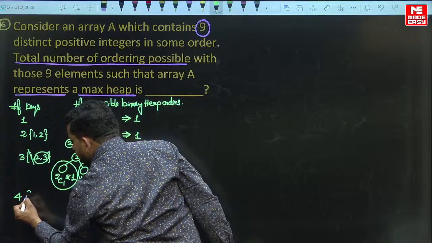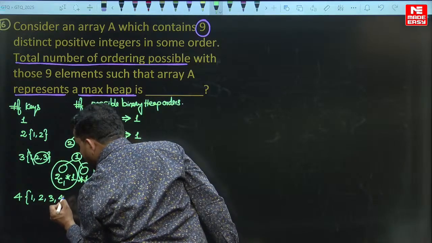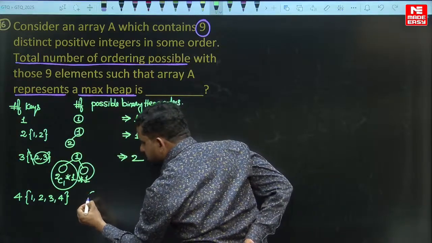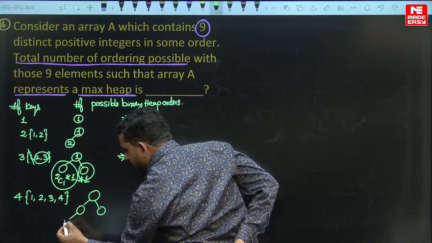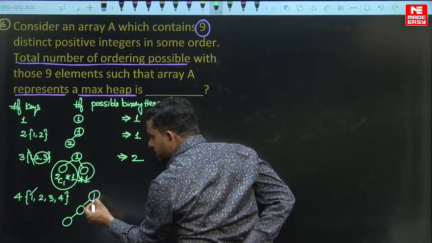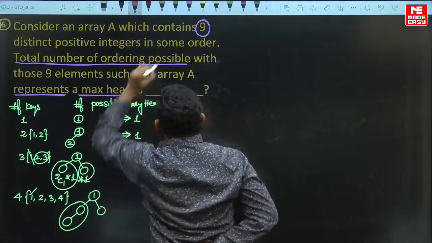If you take four keys, I'm explaining all the different possibilities, not only for this question, just to answer this question perfectly without any confusion. Complete binary tree of four nodes: one key goes to the root node, and the remaining three keys are left.